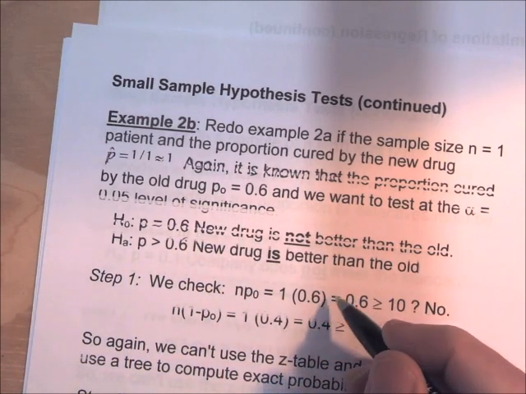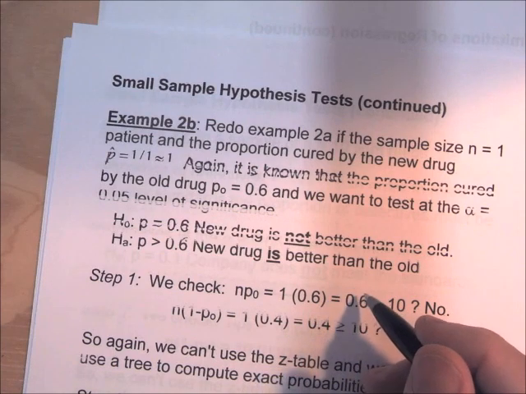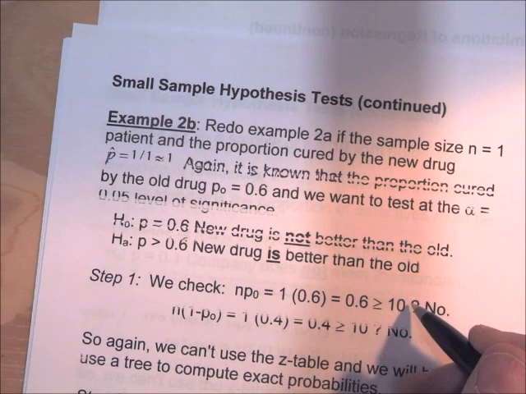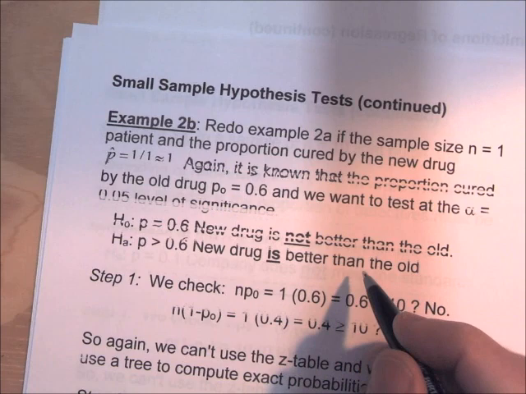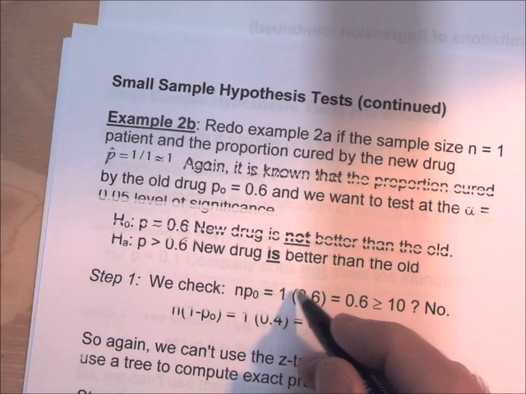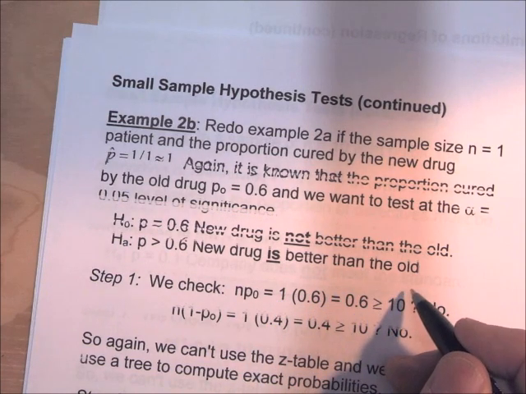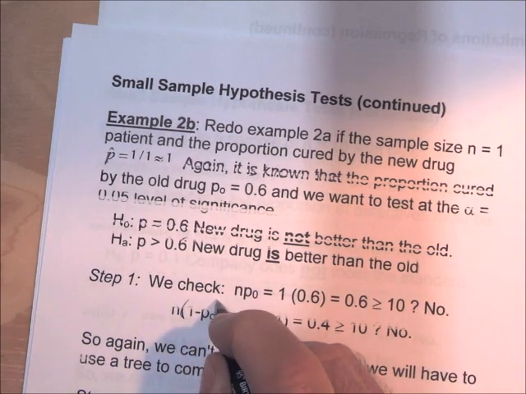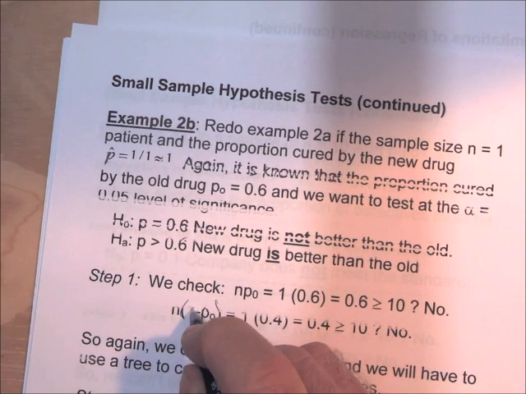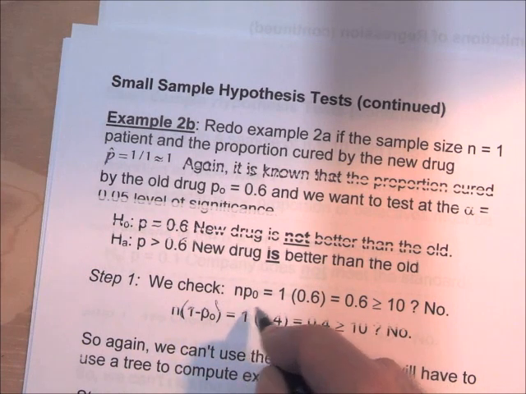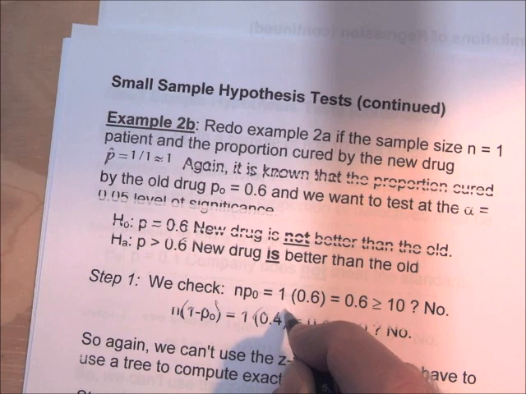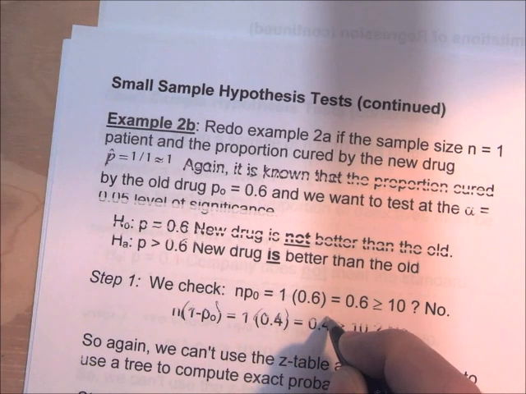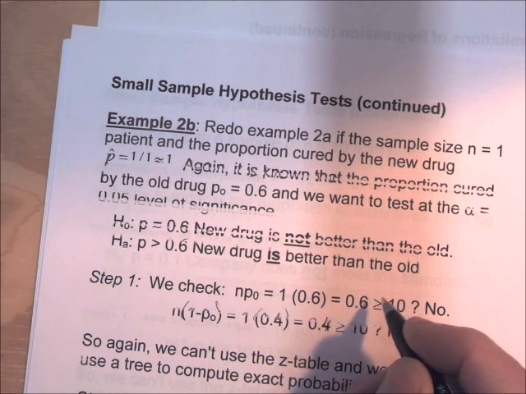Again, we want to check that n times p0 should be at least 10. So n is 1 times 0.6 is 0.6, bigger than or equal to 10? Question mark, and that's a no. We also do 1 times 1 minus p0. That's going to be 1 times 0.4, 0.4, and that's also less than 10.